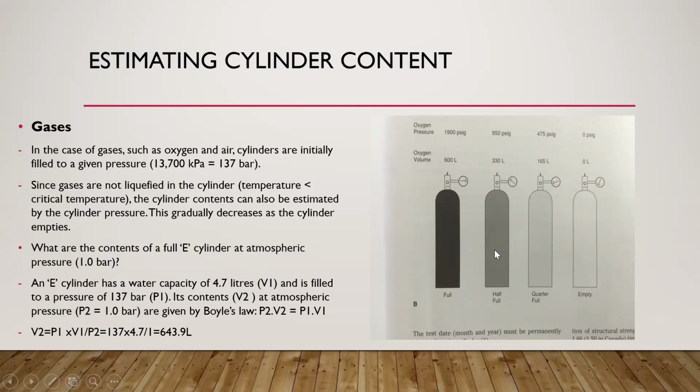But as the content becomes half, the volume reduces, even the pressure. When it's quarter full, it reduces. When it's empty. So for cylinders whose contents are pure gases, you can estimate the content of the gas cylinder by looking at the pressure.